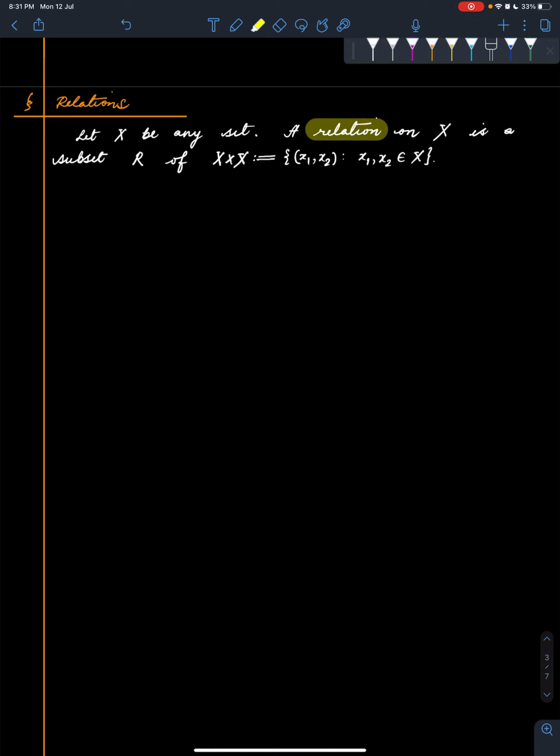So it may not be very clear what we are trying to capture. Basically, when you pick 2 elements in X, suppose you pick x1 and x2 in X, and suppose you are given a relation on X, then you call x1 and x2 related if the corresponding pair is present in R. It will be clear when we see some examples as to what is going on here.